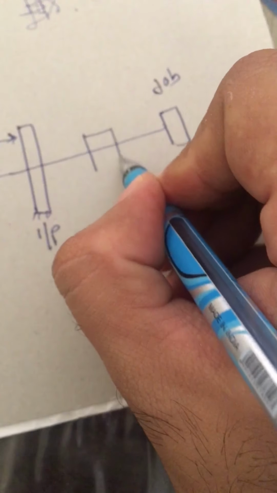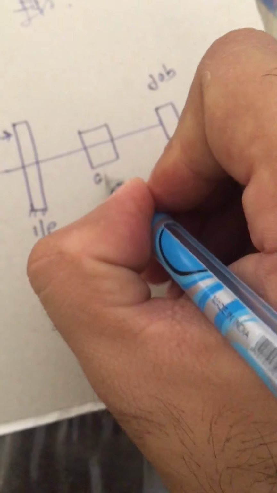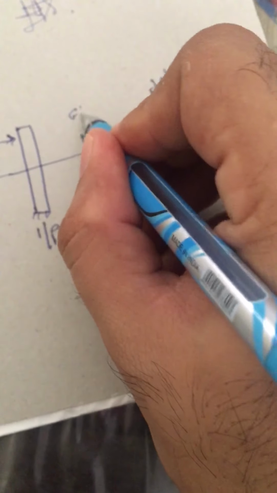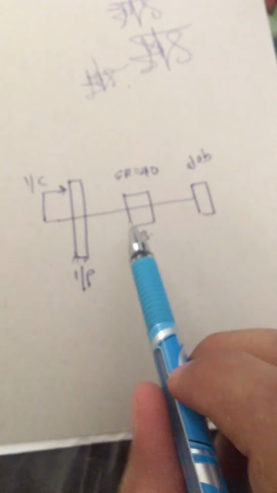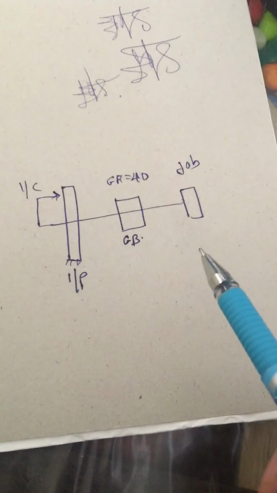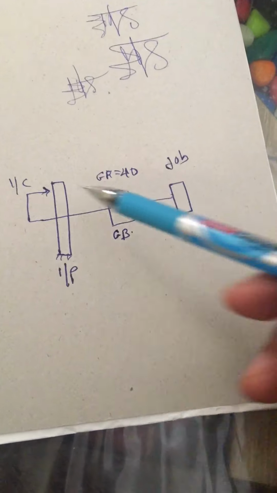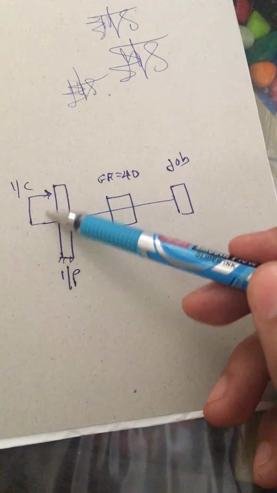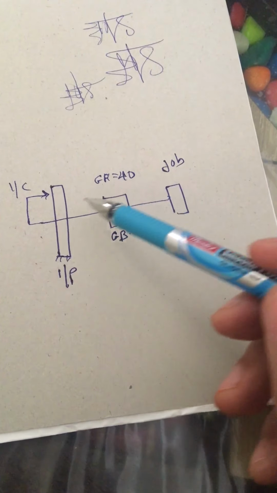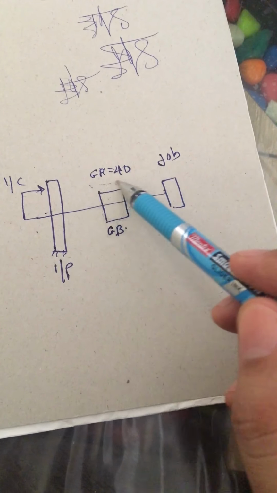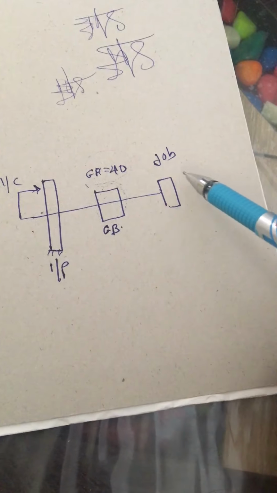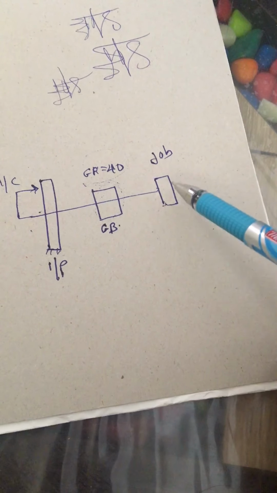You had a gearbox with a gear ratio equal to 40. I'm just making you recall this. The index crank rotates by 40 rotations. That is reduced by 40 times with the help of a gearbox having gear ratio 40, and that is how the rotations are given to the job.